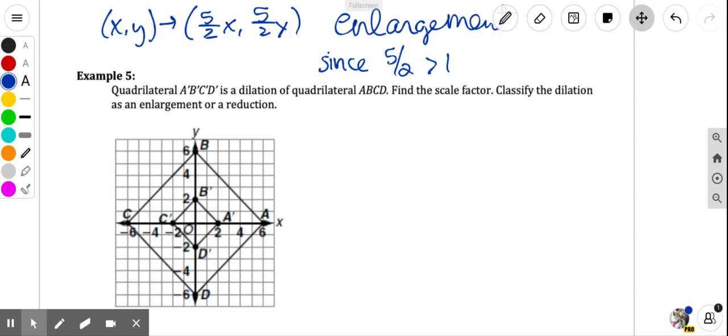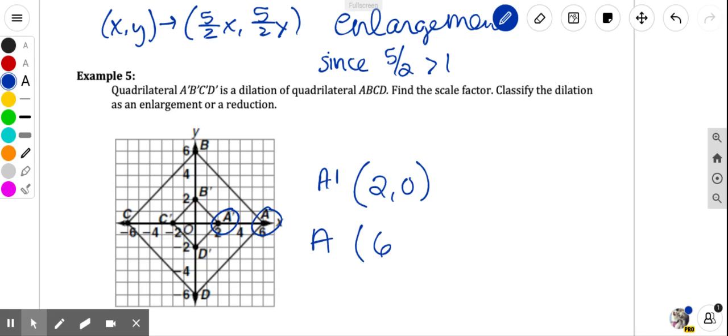But kind of an easier way, and this only works when the center of dilation is 0, 0, is to take the coordinates and put them over each other, new over old. So A prime is 2, 0. That's the new one. A is 6, 0.